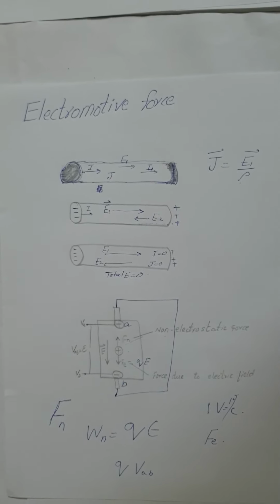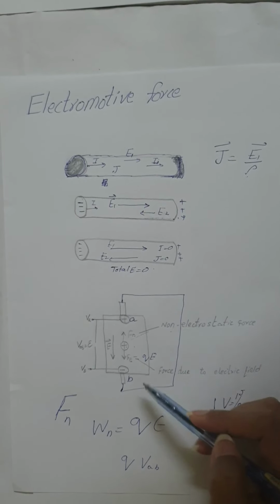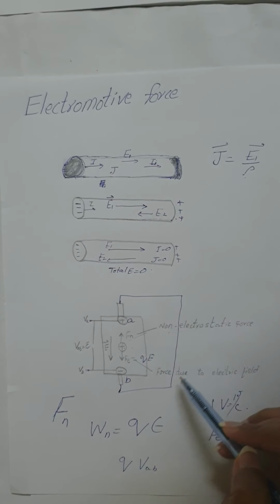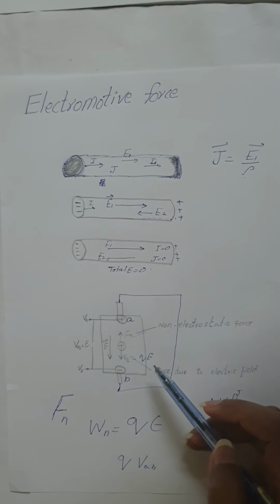So the potential difference between the terminals sets up an electric field within the wire, and this causes current to flow around the loop from A to B, or from higher to lower potential.